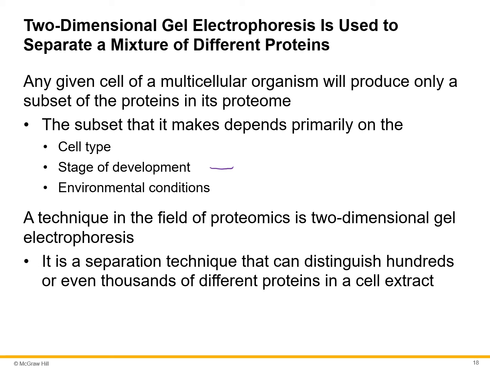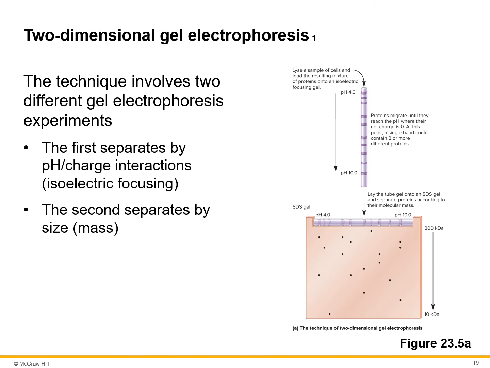So in proteomics, to try to analyze the proteins present in a particular cell, it uses a process first called two-dimensional gel electrophoresis. You probably in one of your labs have done DNA electrophoresis, and we've talked about that a little bit.